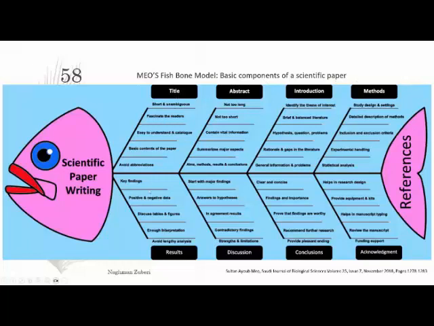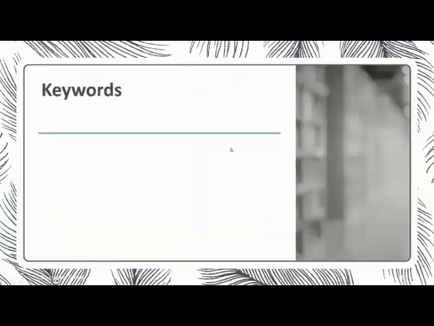It has the title, results, abstract, discussion, introduction, conclusions, methods, and acknowledgements, so they have given all that which we have discussed earlier. I like this picture, and it is going to give you a very nice idea about the contents which should be there in scientific papers. So I have taken it from there and put it in my article.